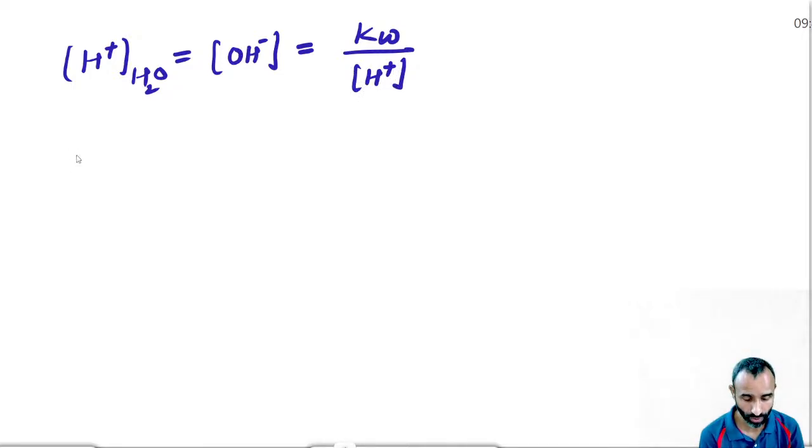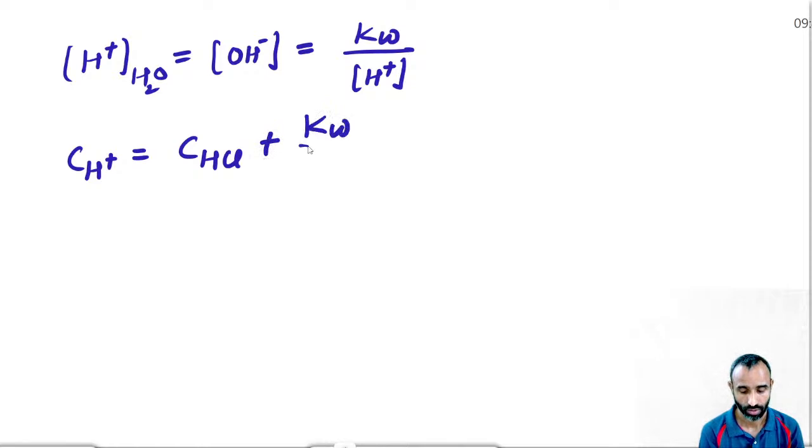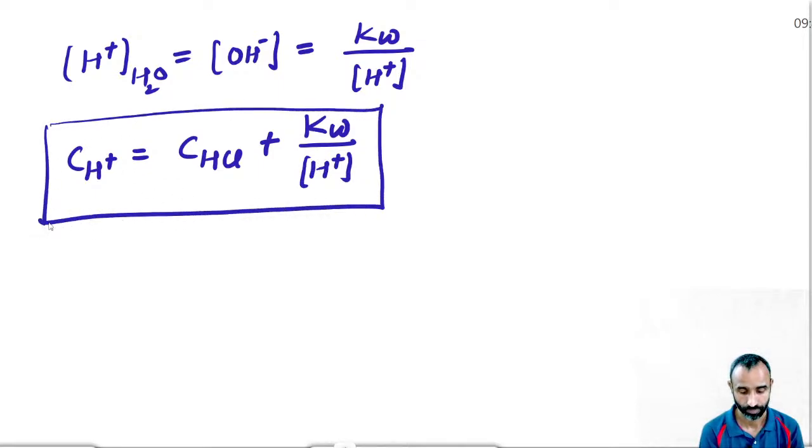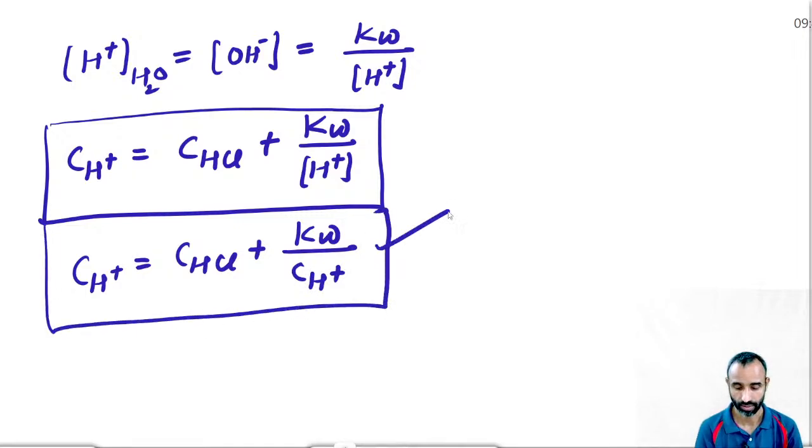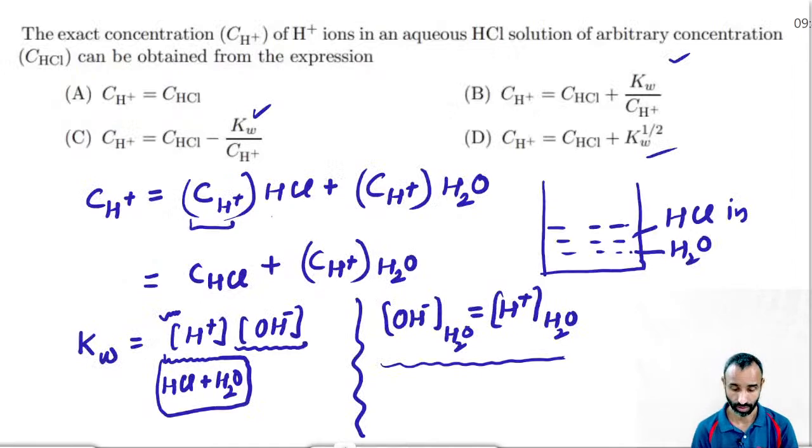So in this way, concentration of H plus ion is equal to concentration of HCl plus concentration of H plus ion from water. That means concentration of H plus is equal to concentration of HCl plus ionic product of water upon total concentration of H plus. So this is the formula. That means B option is correct.